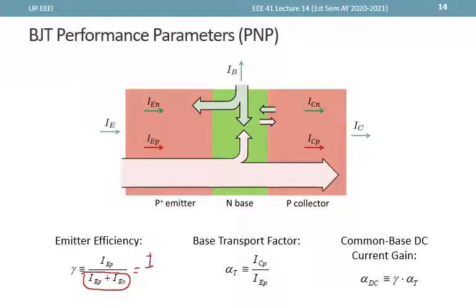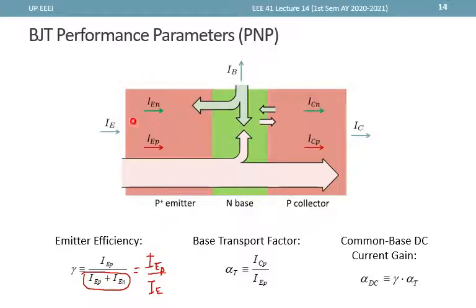So the emitter efficiency for PNP BJTs can actually be rewritten as IEP over IE. So this actually tells us that the emitter efficiency is the ratio between the injected carriers that can possibly reach the collector versus the total current, and we want IEP to be approximately IE.